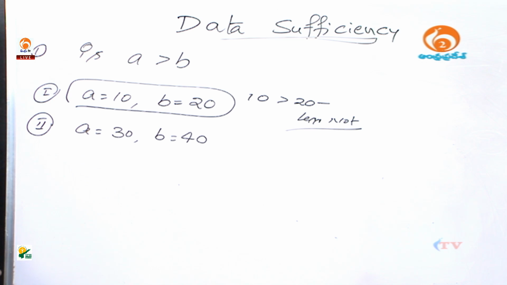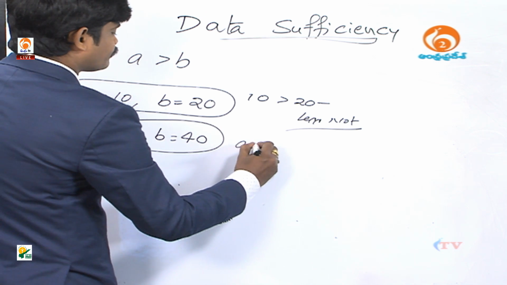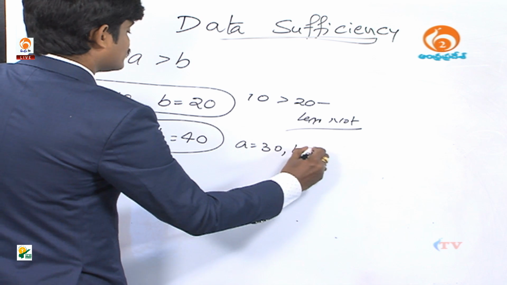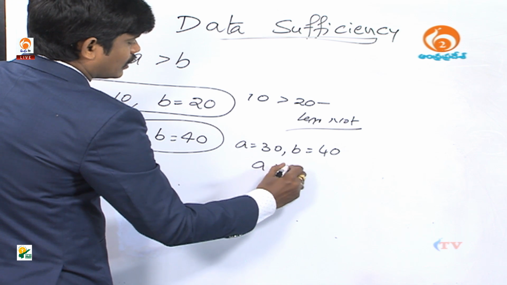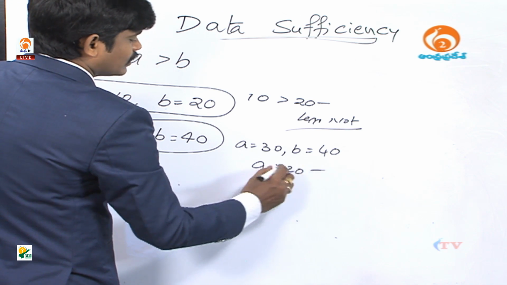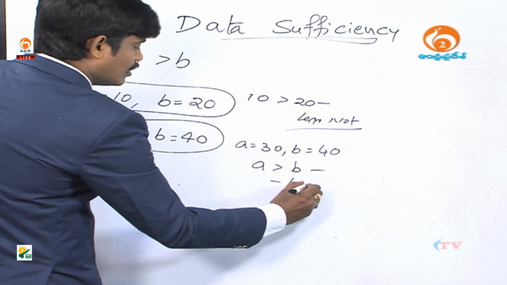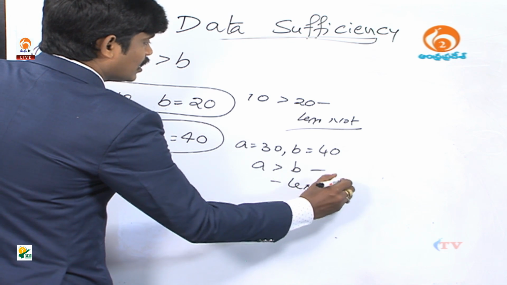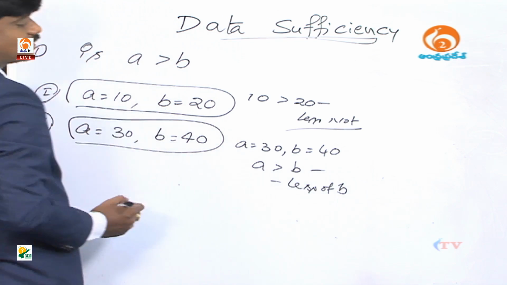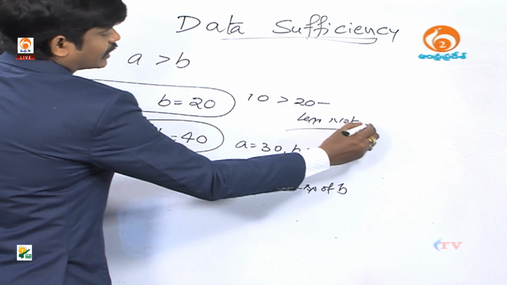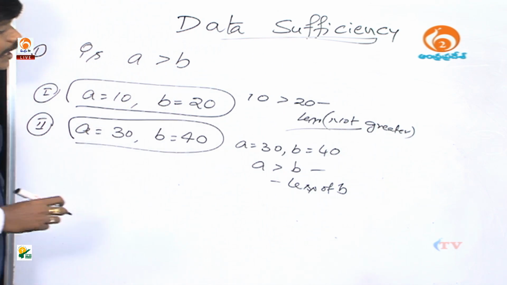And next, by using the second conclusion, again A value is 30, comma, B value is 40. So now also A is not greater than B, that means again A is less than B, not greater.